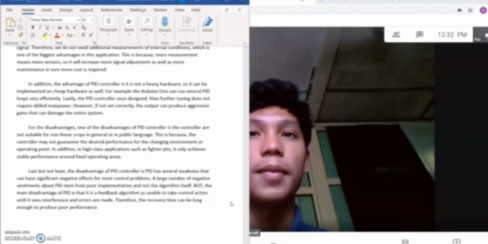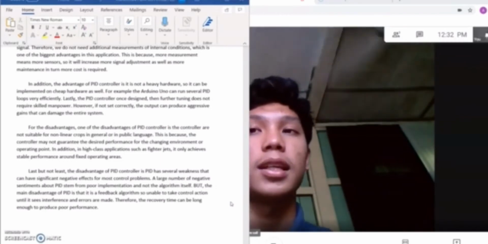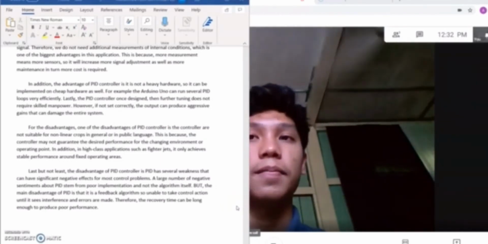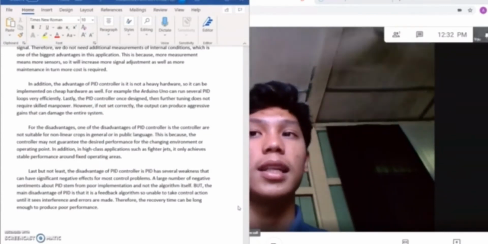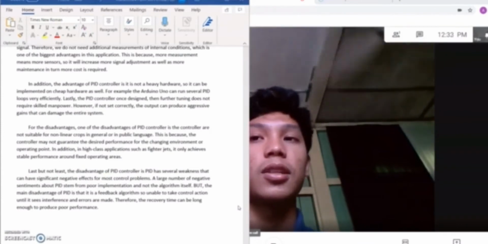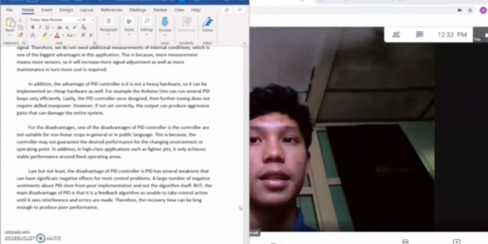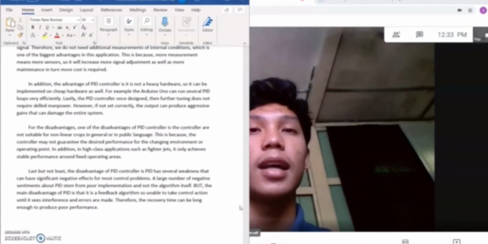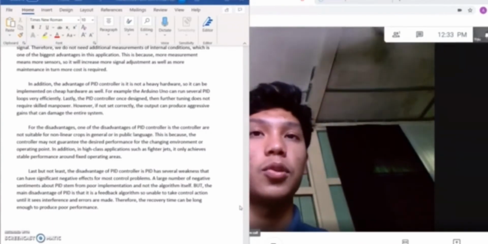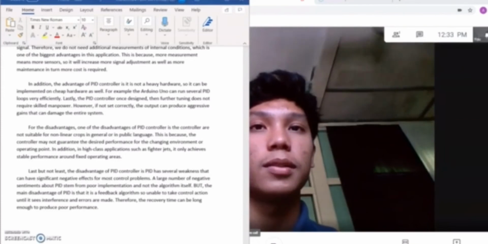But the main disadvantage of PID is that it's a feedback algorithm, so it is unable to take control action until it sees interference and errors are made. Therefore, the recovery time can be long enough to produce poor performance.